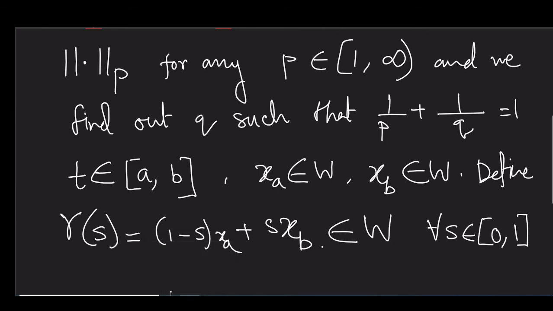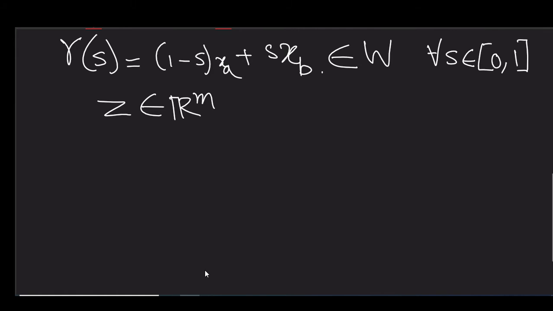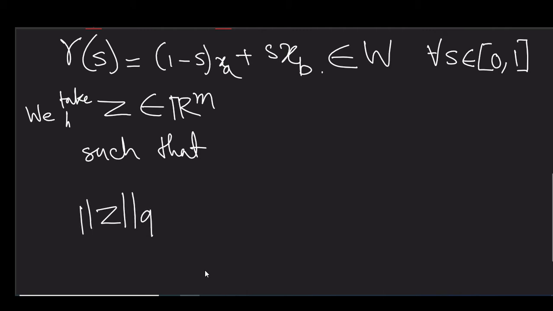Now we take Z belonging to Rm. Actually Z is a vector that matches the dimension of the image set. So we take Z such that norm Z by Q is equal to 1.